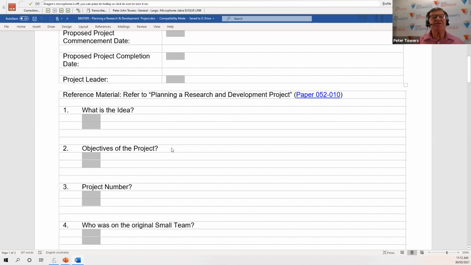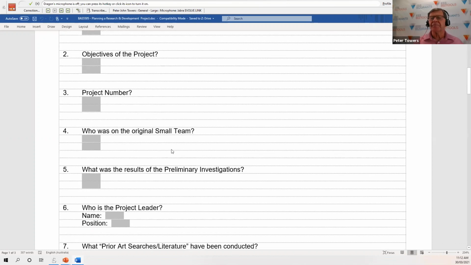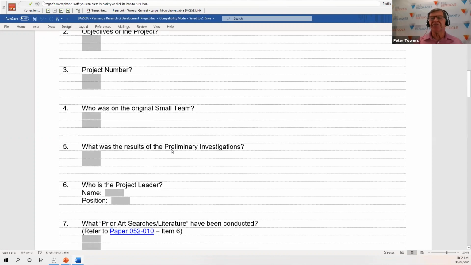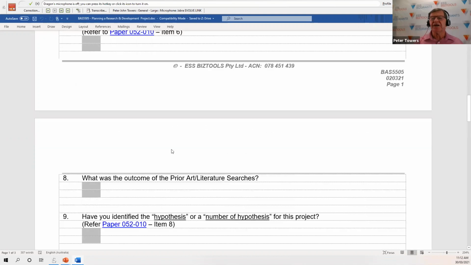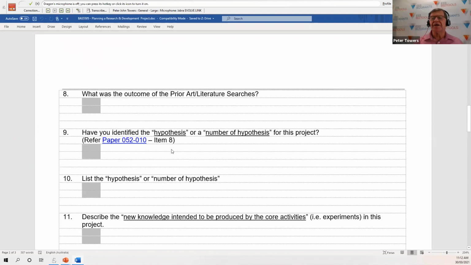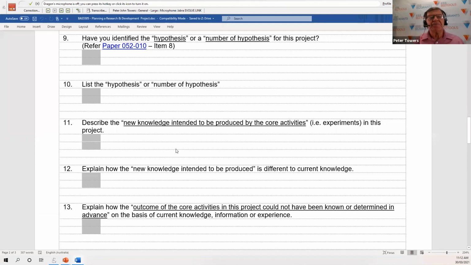So what's the idea? What's the objectives of the project? Who's in the small team? What was the results of the preliminary investigations? And what prior art searches, we're going to talk about that in a bit more detail in a minute, have been conducted. And that form goes on to record what happened, because this is all part of taxation.